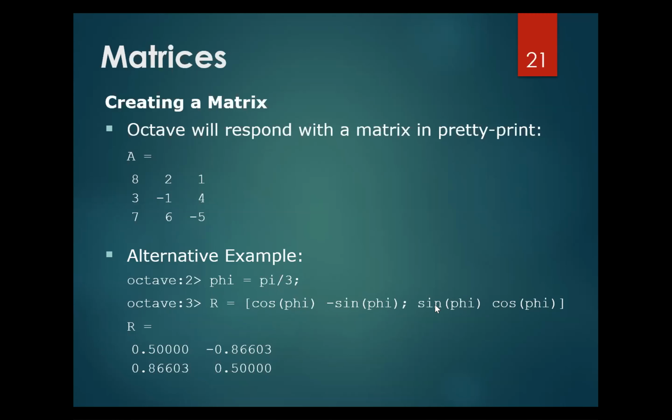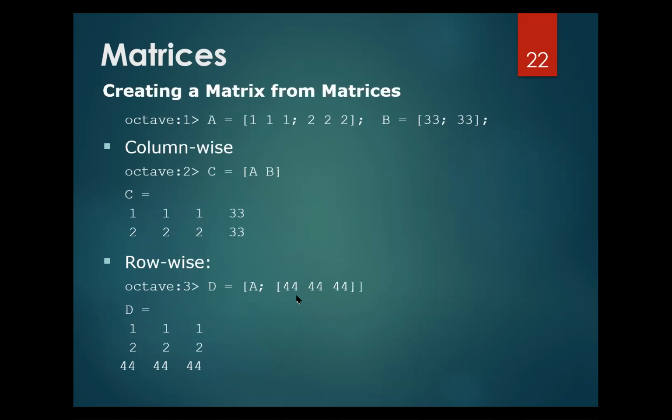You want to type or create this matrix, where the theta you are using is pi on 3. So you can do that by typing it straight away, and then it gives you this matrix. Very flexible when you are working with matrices in Octave or Matlab.